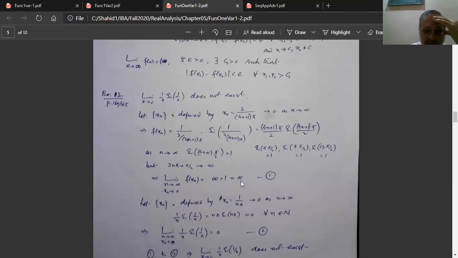So infinity into 1 is definitely infinity. The sine sequence corresponding to this sequence in the domain has every term 1. We chose it this way so that multiples of pi/2 come. And which multiples of pi/2 come?